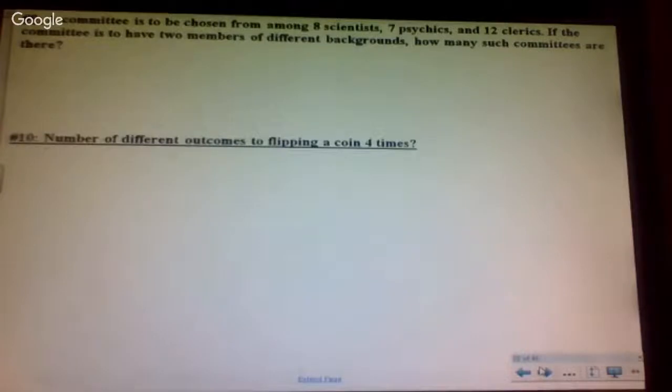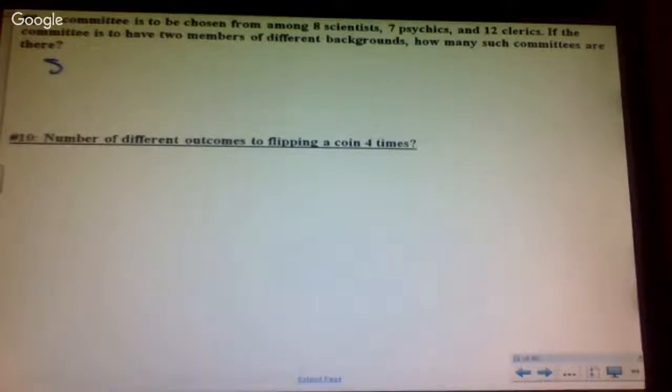Okay. Moving on then. A committee is to be chosen from 8 scientists, 7 psychics, and 12 clerks. If the committee is to have 2 members of different backgrounds, how many such committees are there? So I need 2 different backgrounds in a committee. So my first committee can consist of what?